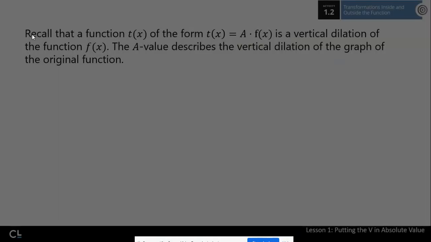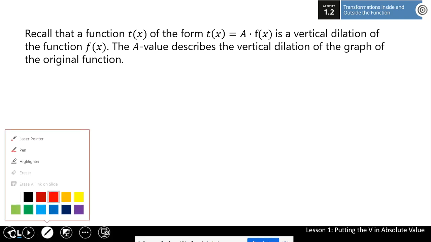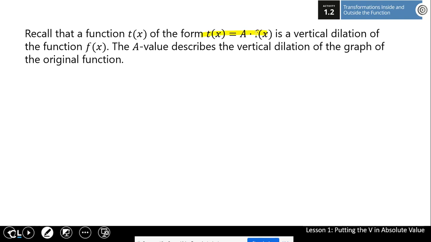So, and here we'll go back into the first. To recall, a function t of x of the form t of x equals a times f of x, and we'll highlight that because that form right there is very important, is a vertical dilation. So it's a vertical dilation of the function f of x.